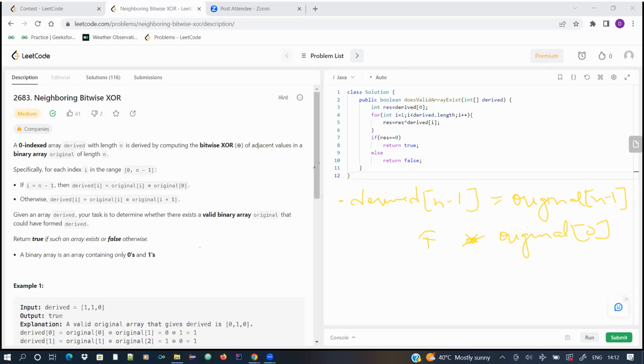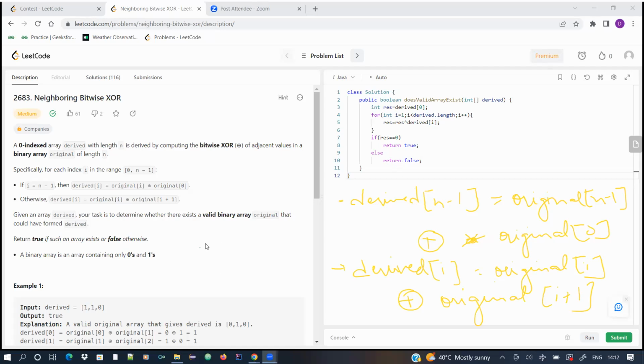And the second point is that otherwise, for the rest, derived of index i will be original of i XOR original of i plus 1. These two key points are given in the question.